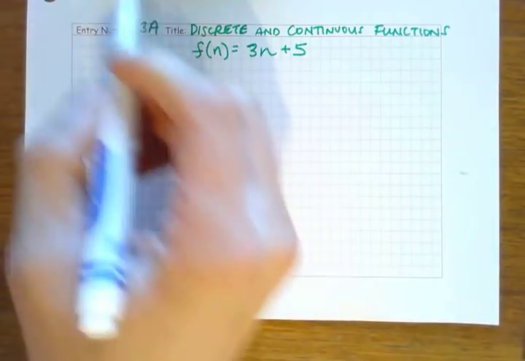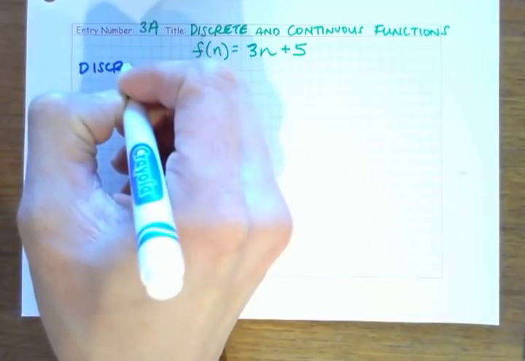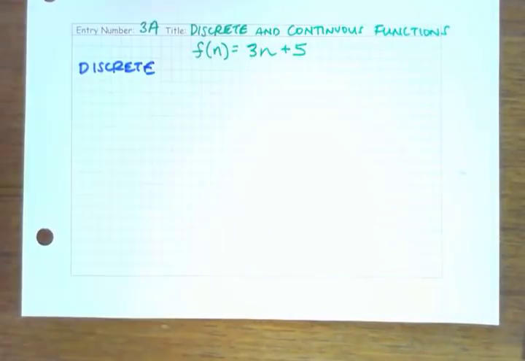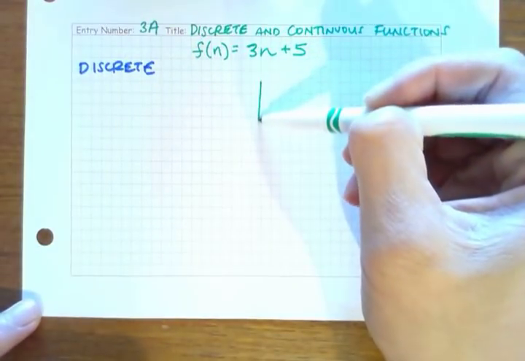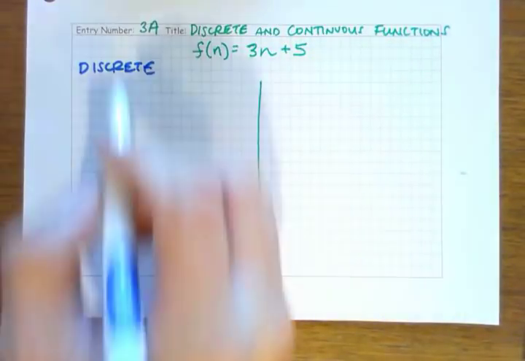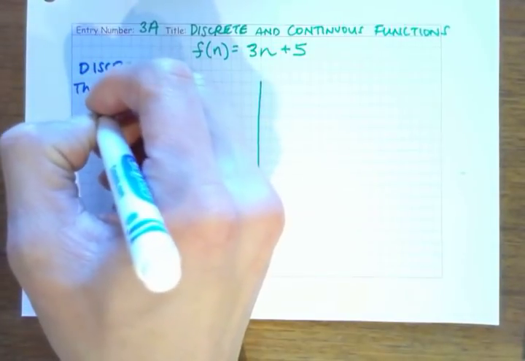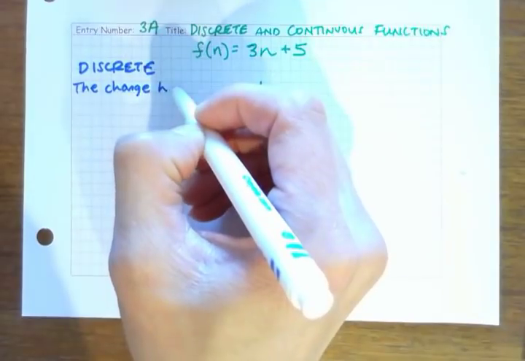First, if it were discrete, and let's also draw a line down the middle. In a discrete situation, the change happens all at once.